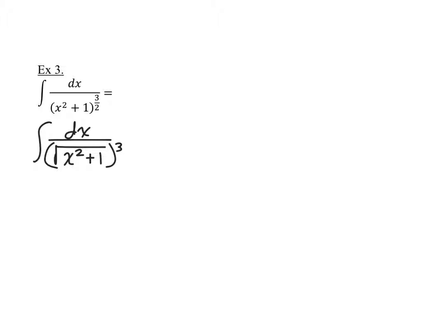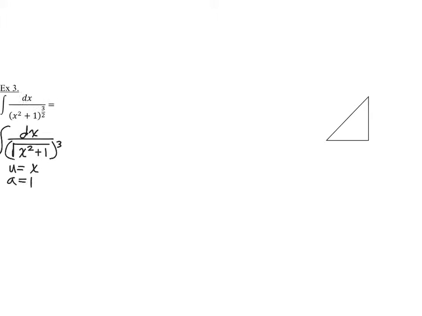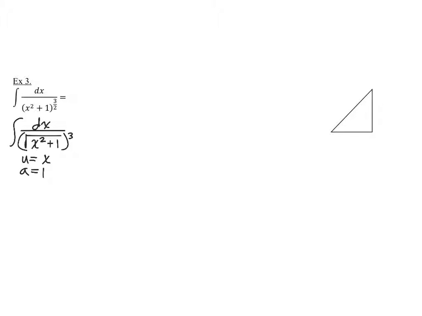All right, so when that happens, we know that we're looking at a u and an a. So the u is equal to x, the a is equal to 1. And so we label up our triangle. The labels that we're looking for are ones that would give us, when we put the x and the 1 in the triangle, a missing side of square root of x squared plus 1.